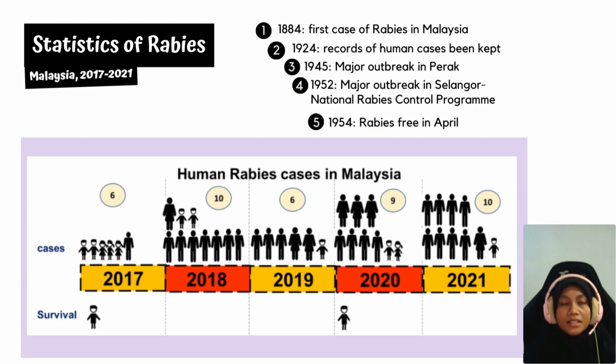This is a statistic of rabies cases in Malaysia. In Malaysia, the first rabies case was recorded as early as 1884. Although Malaysia was free from the disease from 1954 onwards, it re-emerged in the country in 1993 after nearly 4 decades, and has been reported since then. In 1995, there was a report of 2 canine cases from dog bites in Terengganu.